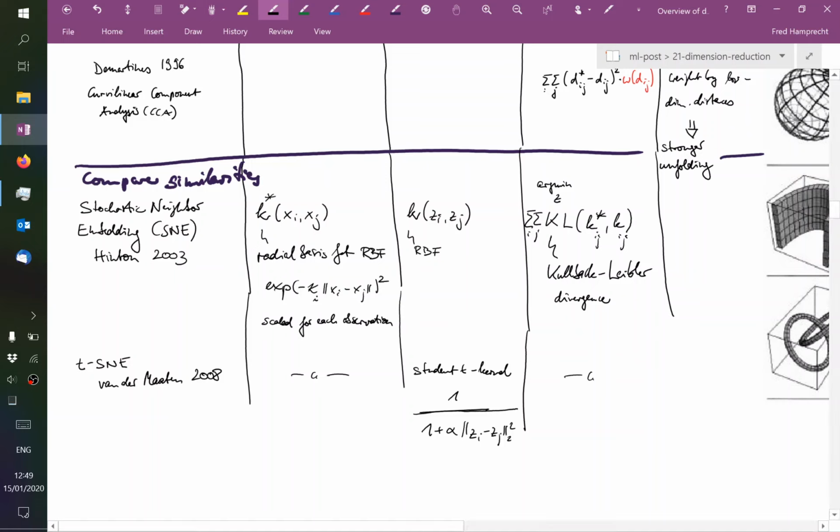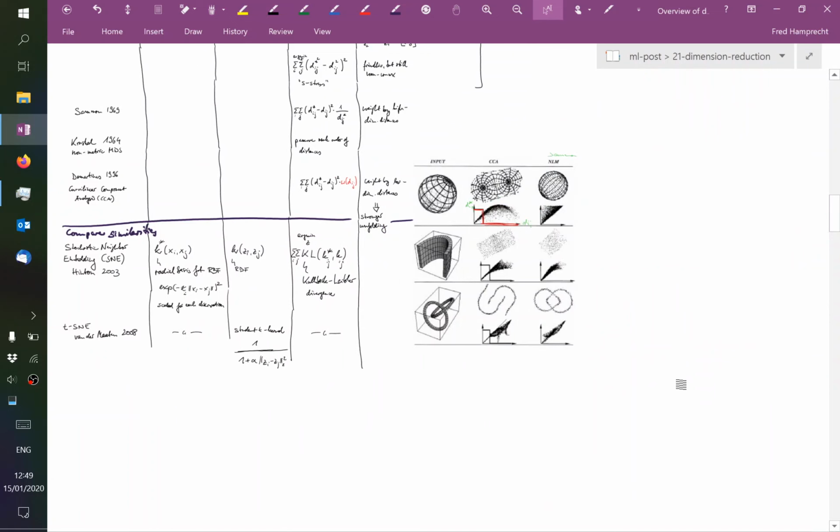It was Kullback-Leibler divergence, but let's look at some. Okay, I don't have a comparison plot, but this small change of how we measure the dissimilarities in the low-dimensional space again made a huge change to the quality of the embeddings that could be obtained.